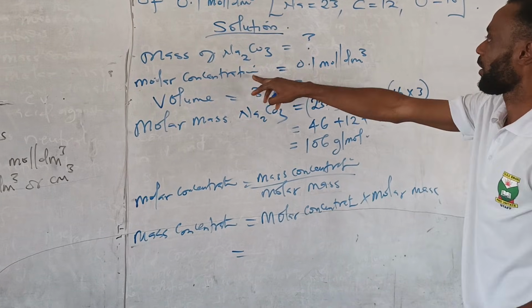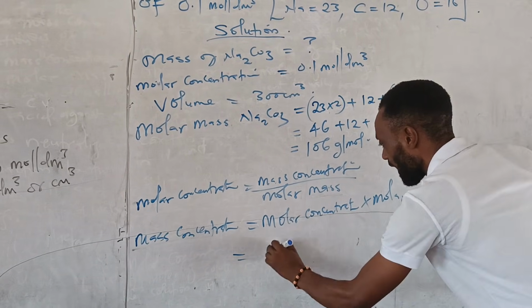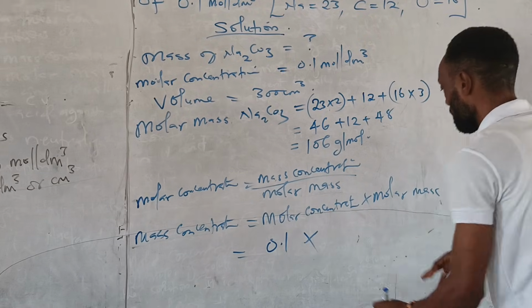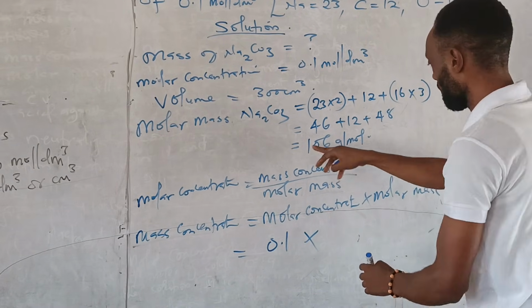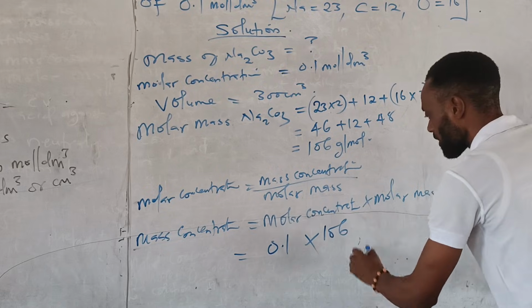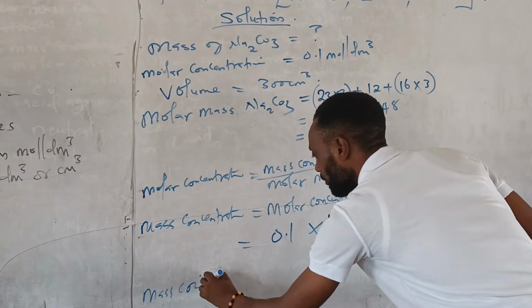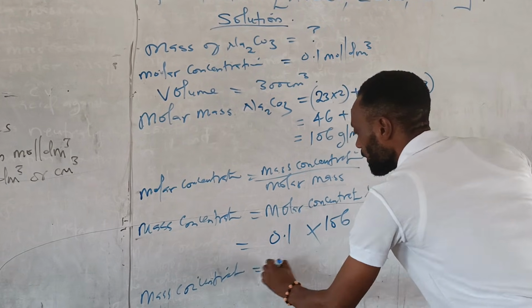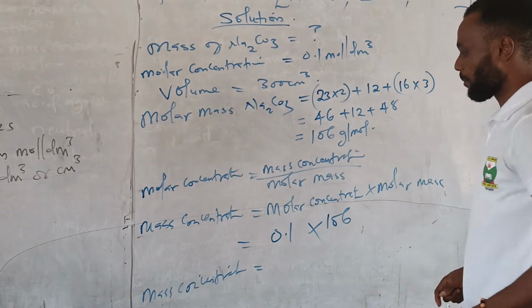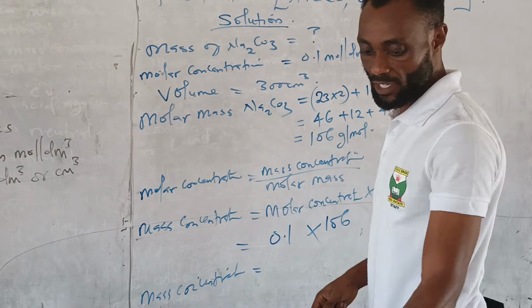As you can see, we have 0.1. So we have 0.1 multiplied by the molar mass, which is given to us as 106. Therefore, our mass concentration is equal to 0.1 multiplied by 106.